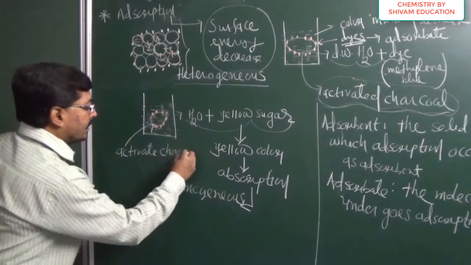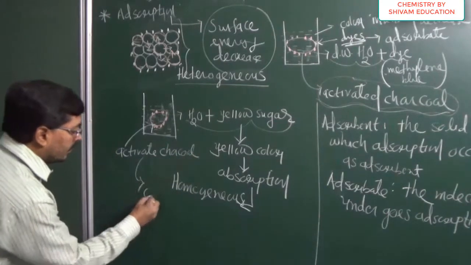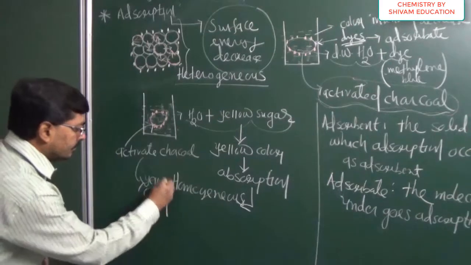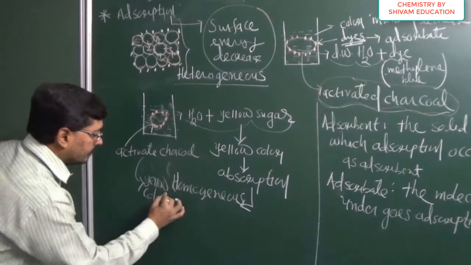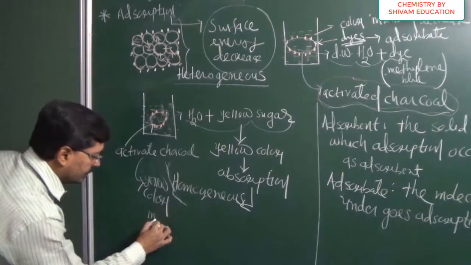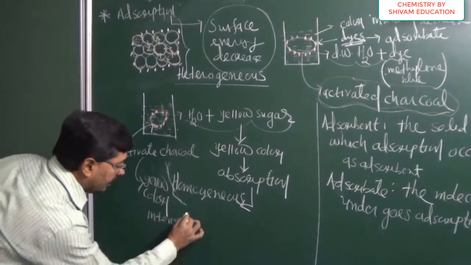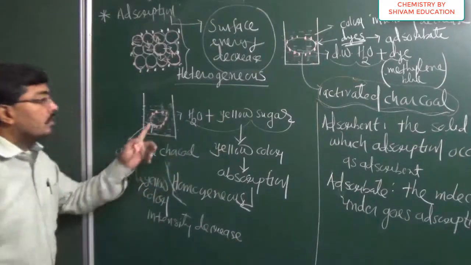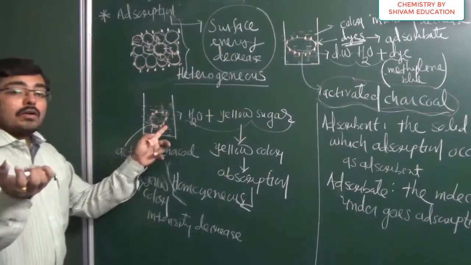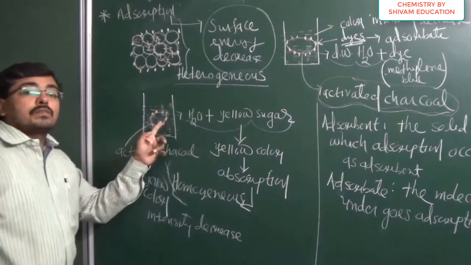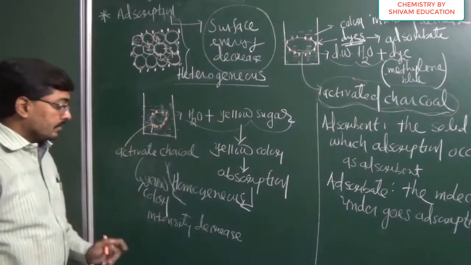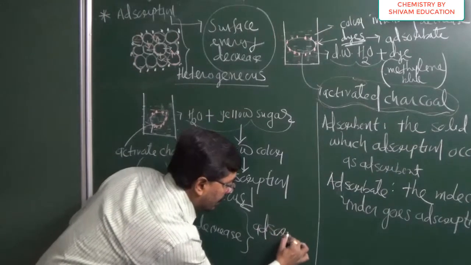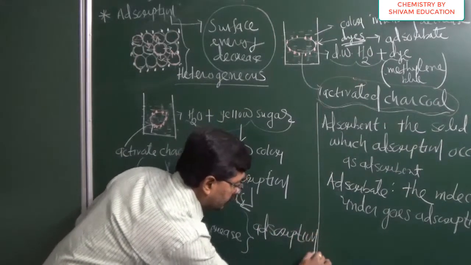After adding it, it is observed that the yellow color intensity decreases. This yellow color intensity decreases because the molecules of yellow color of sugar or dye particles will adsorb on the surface of activated charcoal. So this phenomenon is known as adsorption.